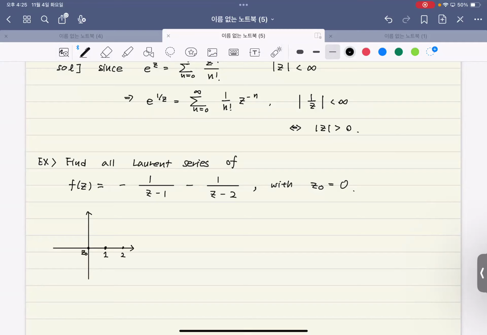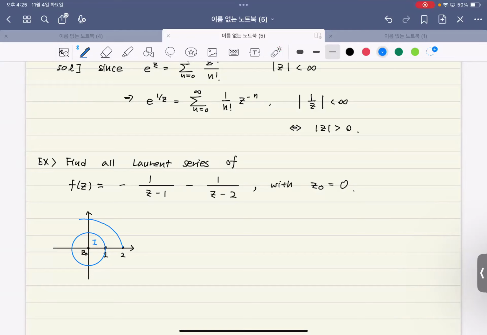So I must have 3 different domains for the Laurent expansion of this function. The first one is the open disk with radius 1 centered at the origin, right? And I will say this is region number 1.